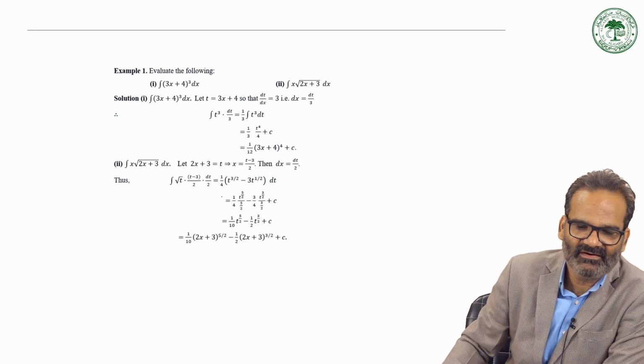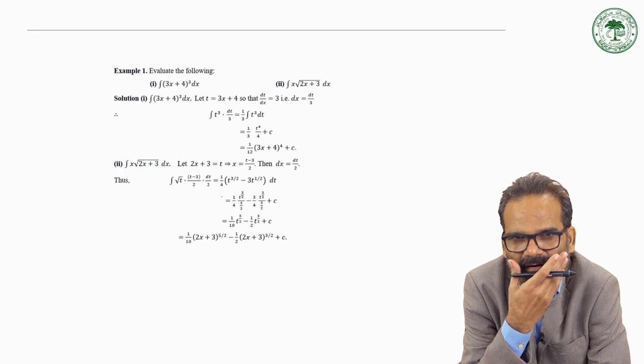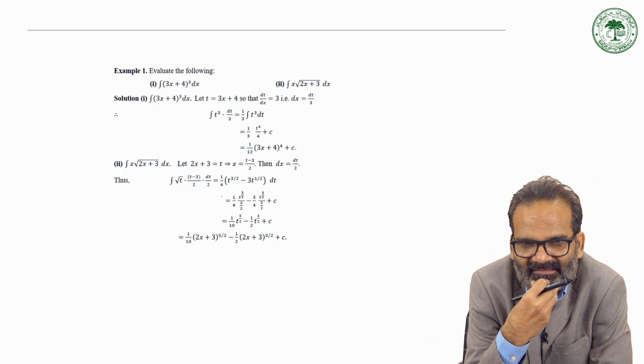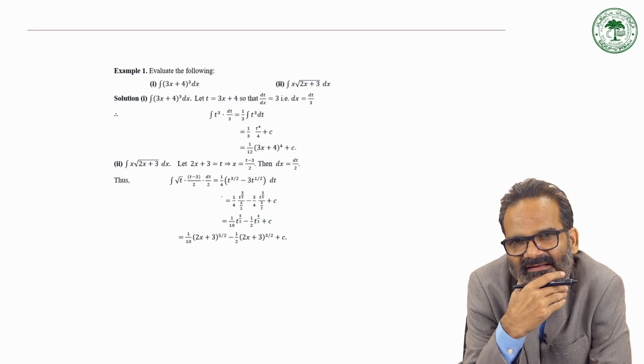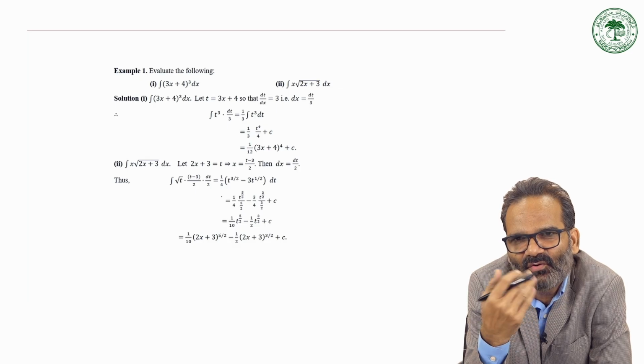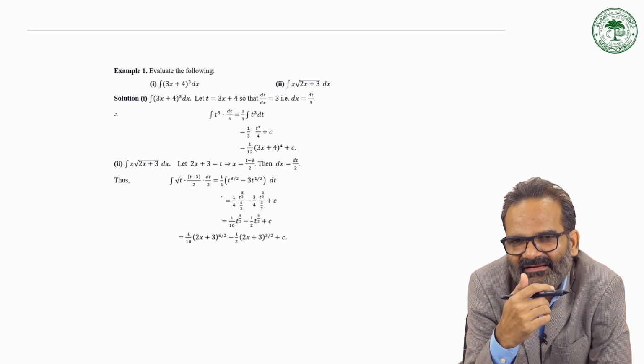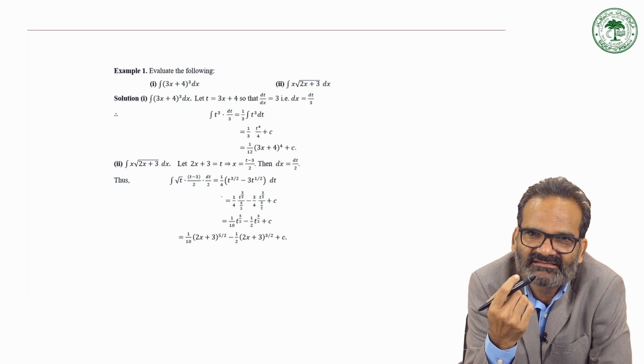Evaluate the following integral: (3x + 4) to the power 3. See, can we find out its integral by using the known formulas which we have discussed? I mean, if we don't have any idea of the method of substitution, then can we find out its integral? Of course, the answer is yes.